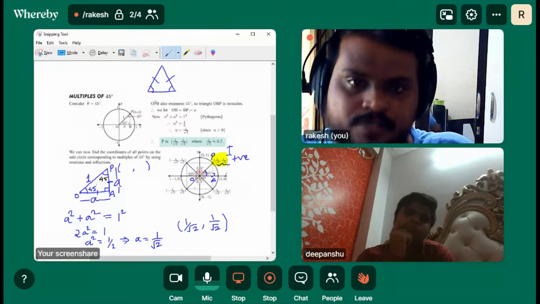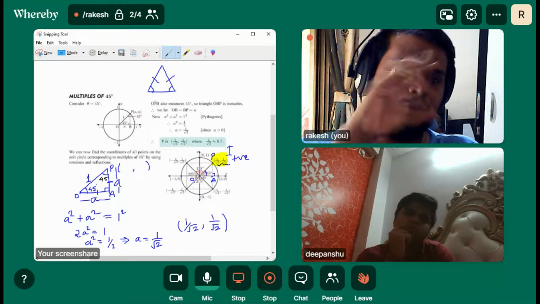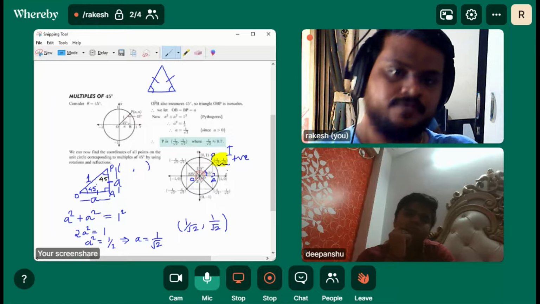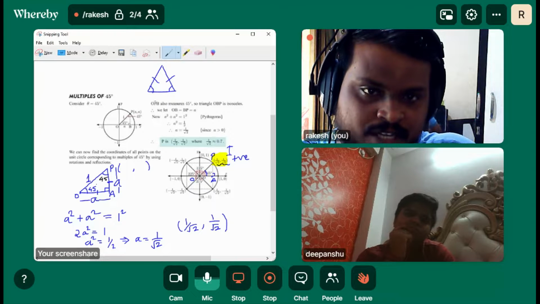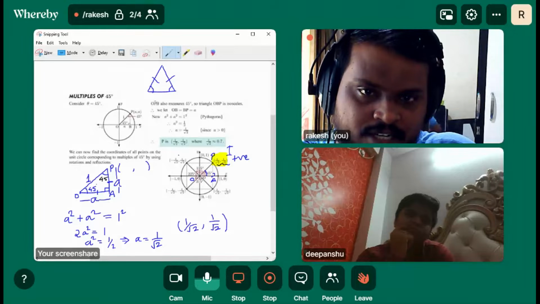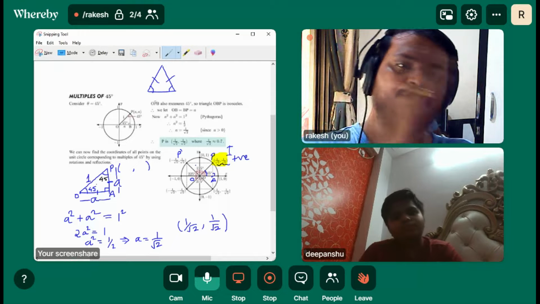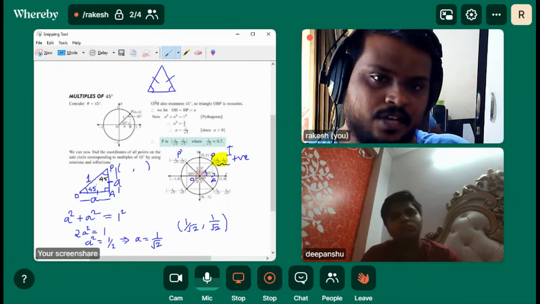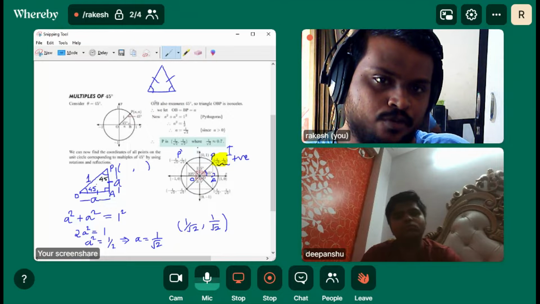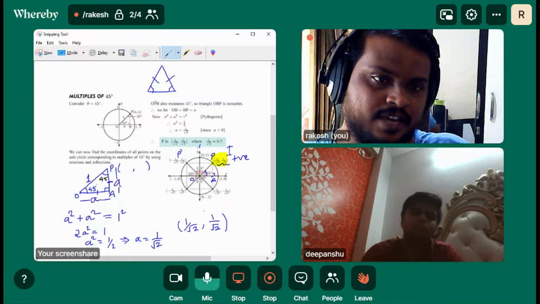Now because of symmetry nature of circle, we can take this point P prime as the mirror image of point P about y axis. This point P prime is mirror image of point P about y axis, right? Suppose your y axis behaves as a mirror here.